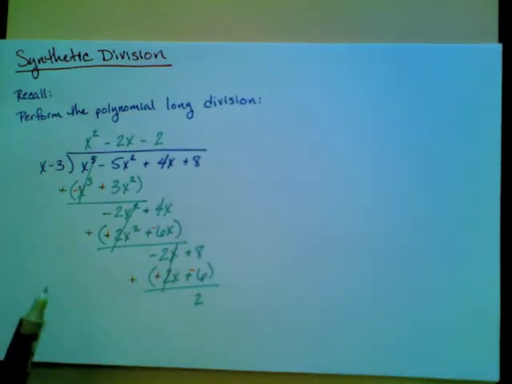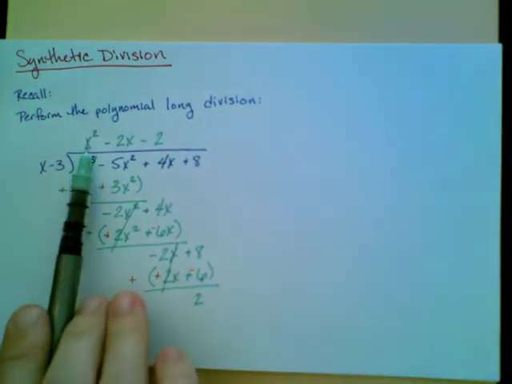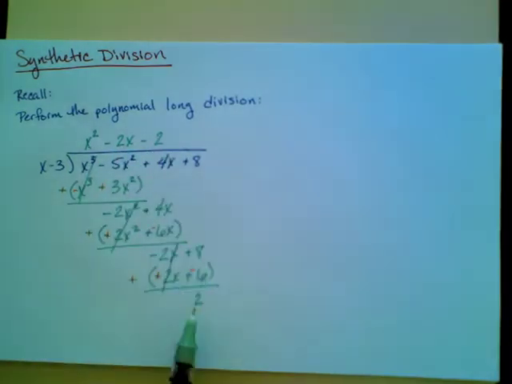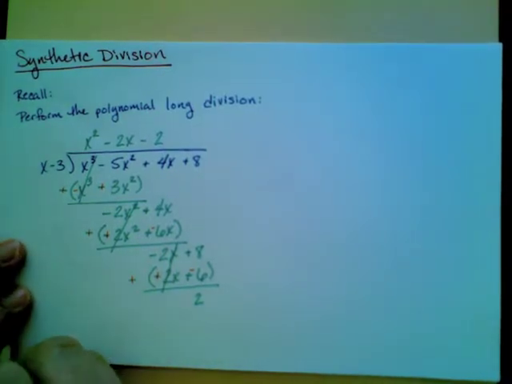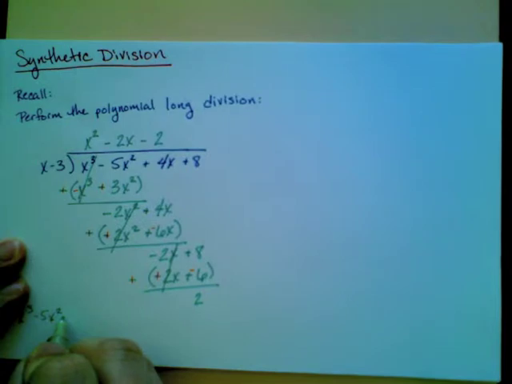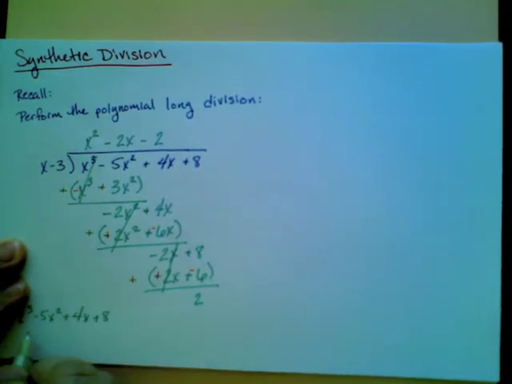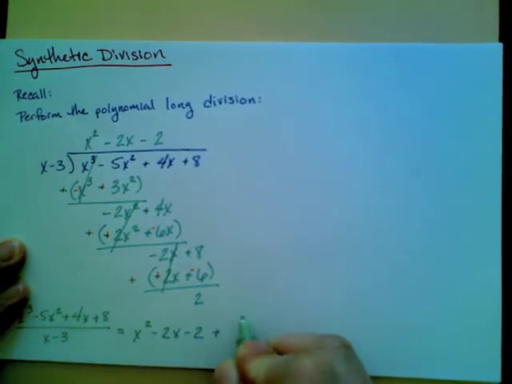You can say that you've got a quotient of x squared minus 2x minus 2 with a remainder of 2, or you can say x cubed minus 5x squared plus 4x plus 8 divided by x minus 3, because that's what we had been doing, is equal to x squared minus 2x minus 2 plus 2 over the divisor, which is x minus 3.